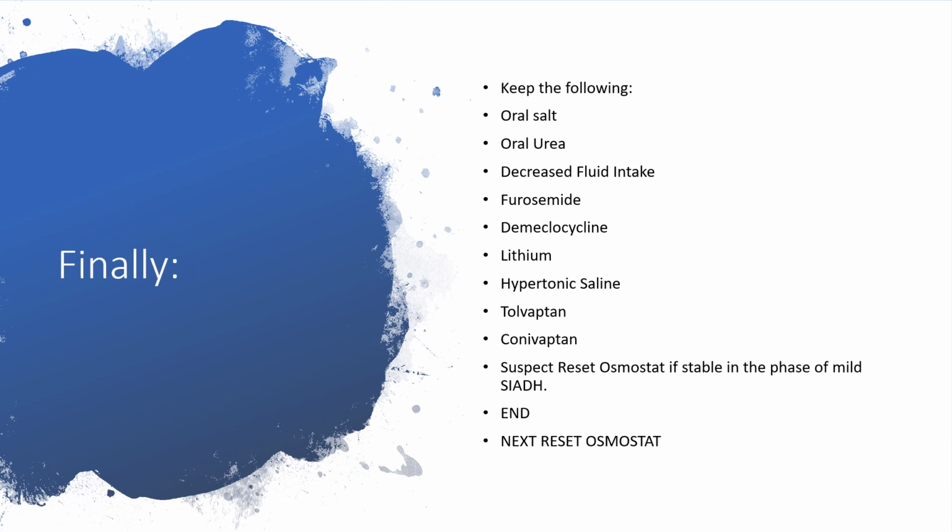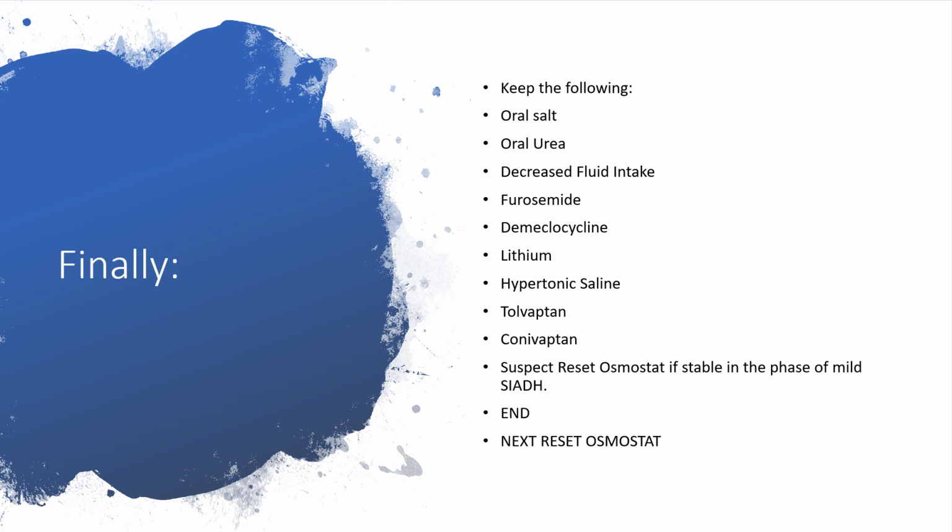Finally, when it comes to the treatment of syndrome of inappropriate antidiuretic hormone, you pause and go through this list. All this will be useful. It doesn't mean you have to use all of them. It might be only 1 or 2, but this is what you can get on your table and go through while you're handling them.